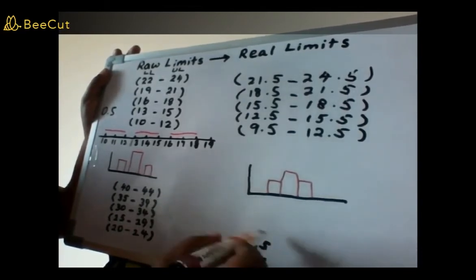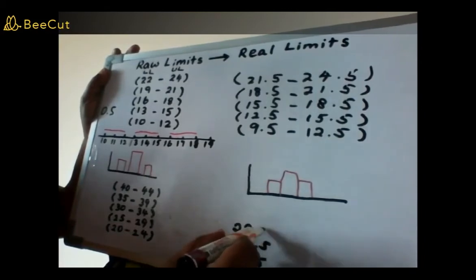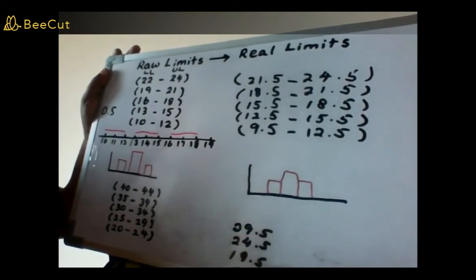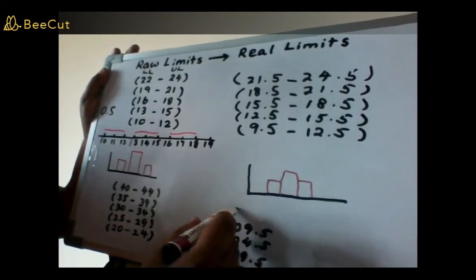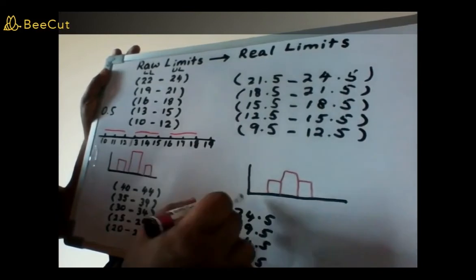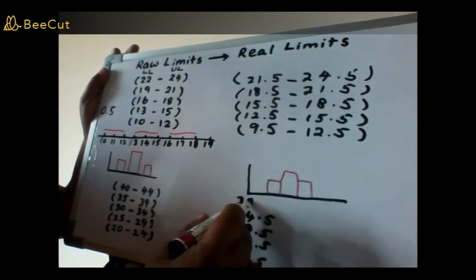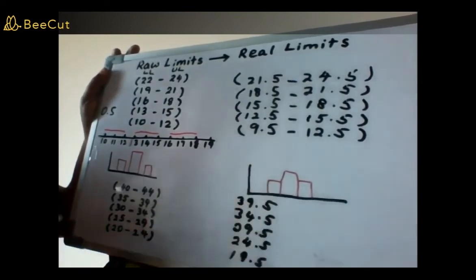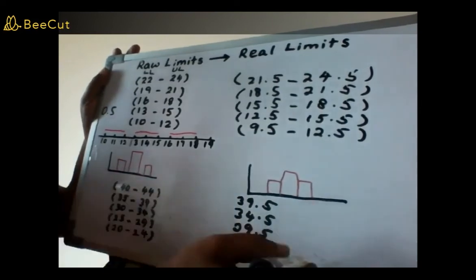Then 30 becomes 29.5. 35 becomes 34.5. 40 becomes 39.5.